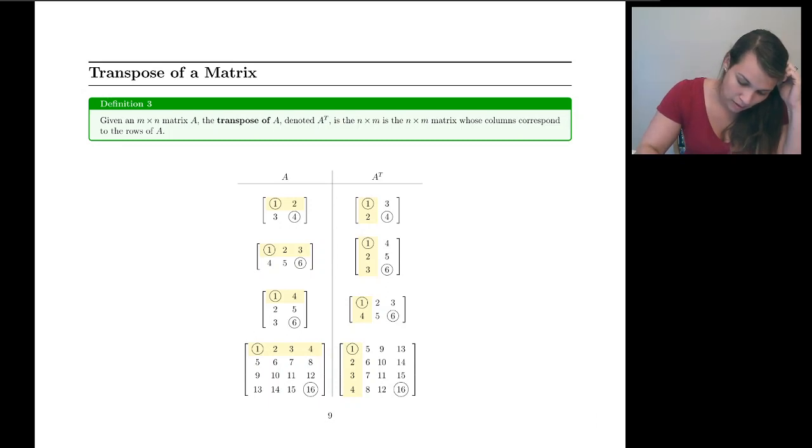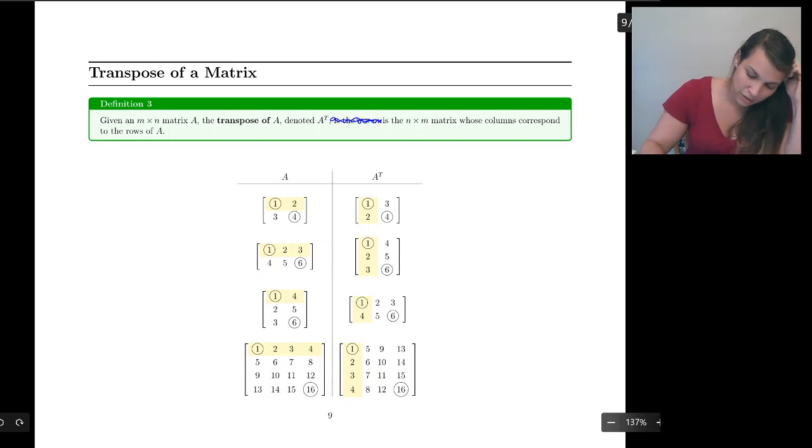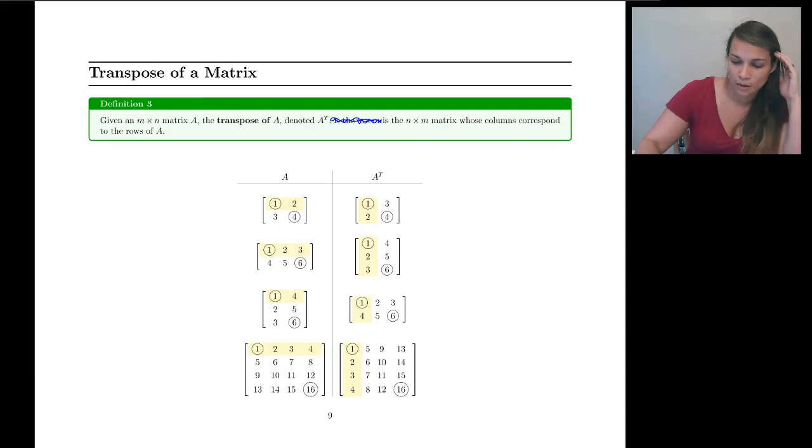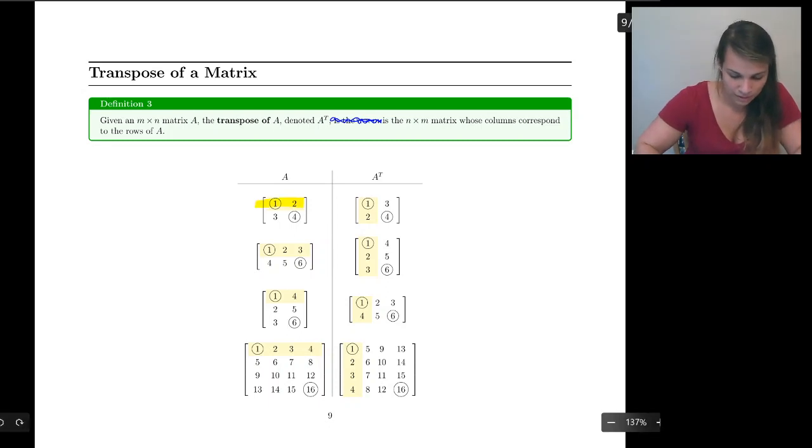The transpose is the n by m matrix whose columns correspond to the rows of A. What do I mean by that? Well, I've got a little chart with 4 different examples. So here is a row of A. Here is a column of A transpose. Yes, they are the same. That is on purpose. Here is another row of A. Here is another column of A transpose.